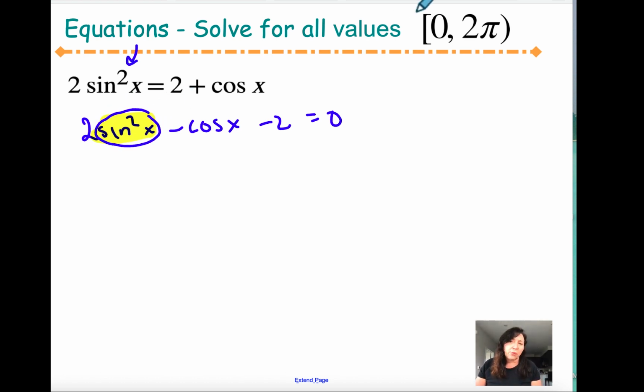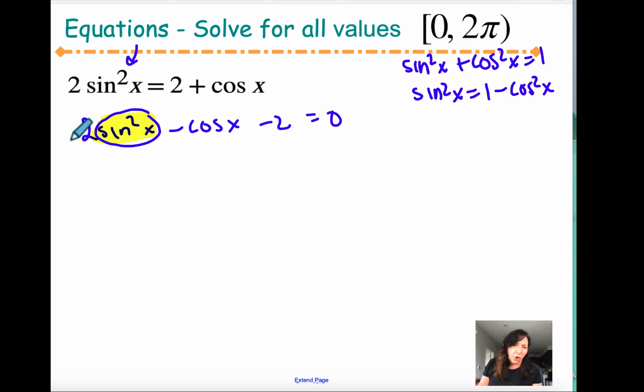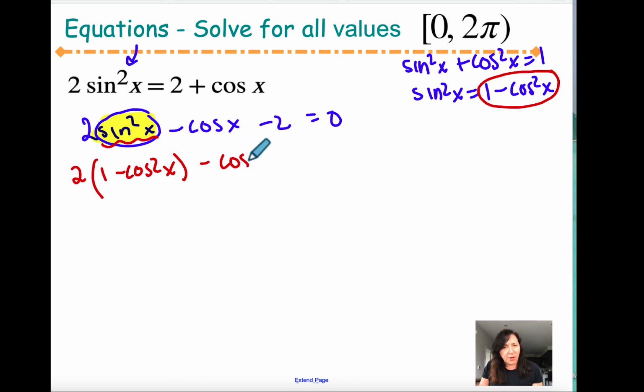And so this sine squared, remember, this is going to stem from sine squared of x plus cosine squared of x equals 1. So that means that sine squared of x is equal to 1 minus cosine squared of x. And so this right here is going to become 1 minus cosine squared. So we have 2 times 1 minus cosine squared of x minus cosine of x minus 2 equals 0.